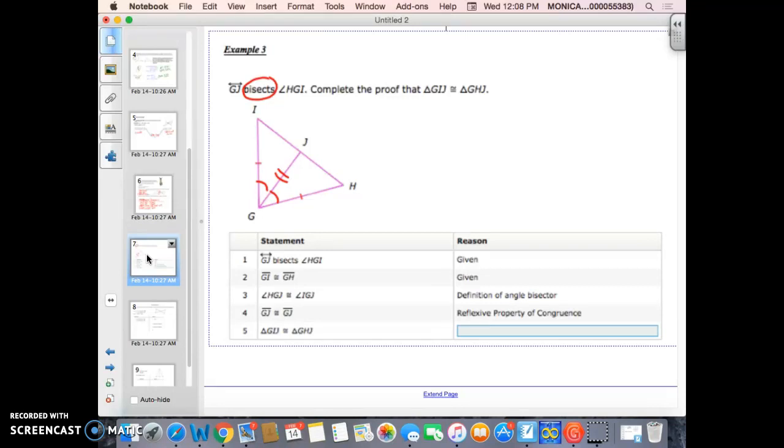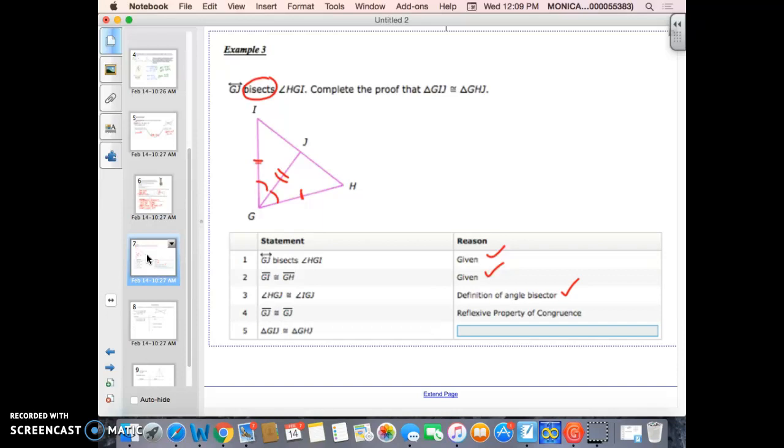So now I've got to look. Okay, it says GJ bisects HJ. That's given. GI is equal to GH. That was also given, though it wasn't written. It was given in this mark and this mark. Okay? And then it says that these two angles are going to be congruent, which we marked, and that is because of definition of angle bisector.